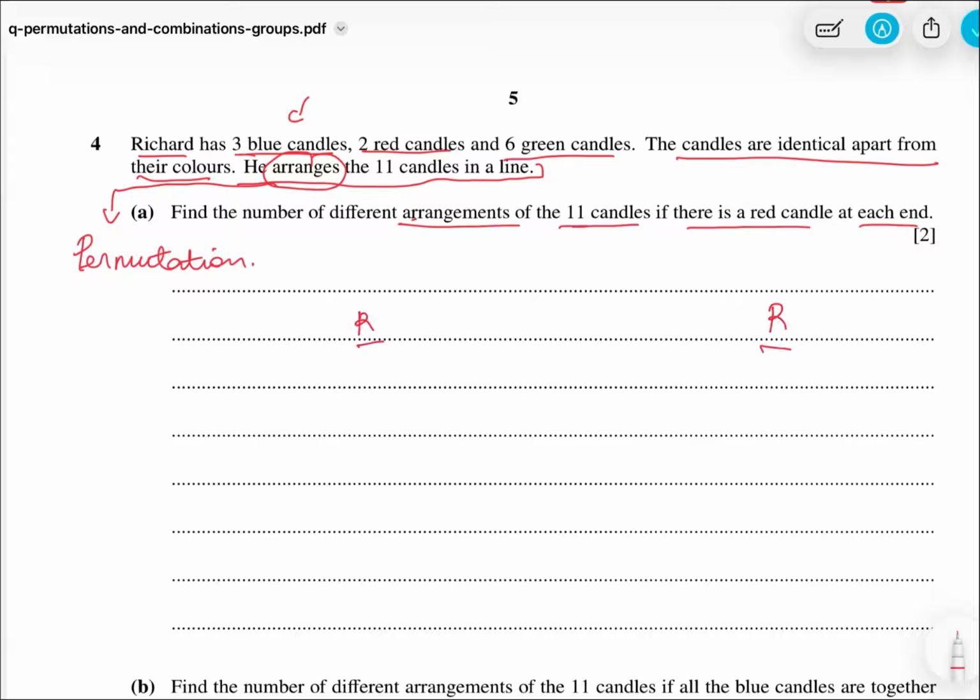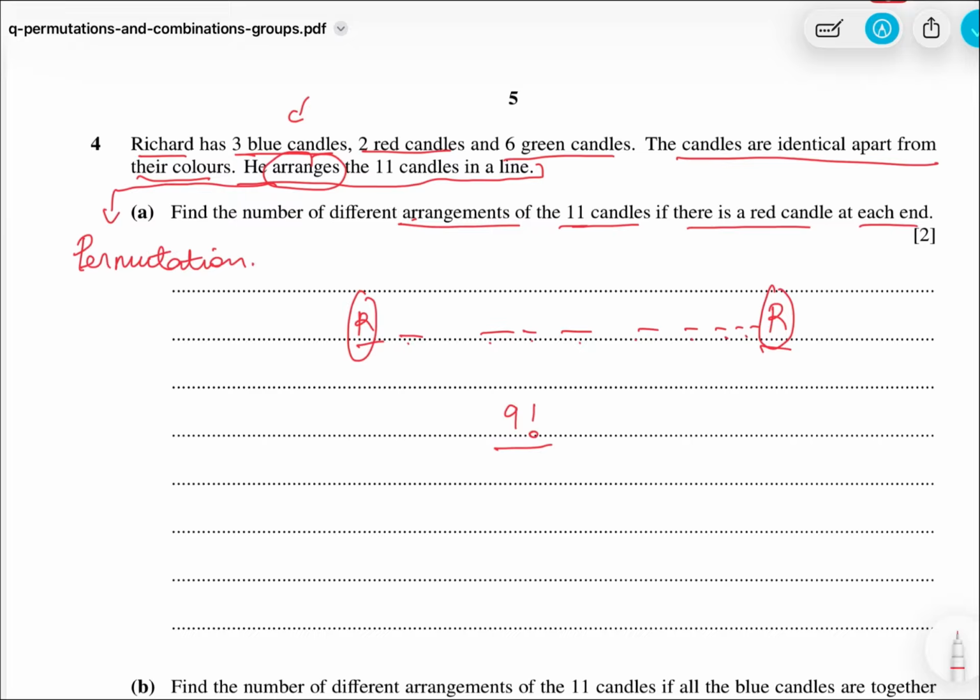So we know red is at each end. 11 minus 2 will give us 9. 1, 2, 3, 4, 5, 6, 7, 8, and 9. Now I have to arrange these 9. That would be 9 factorial different arrangements. These are fixed, so we will not include them.